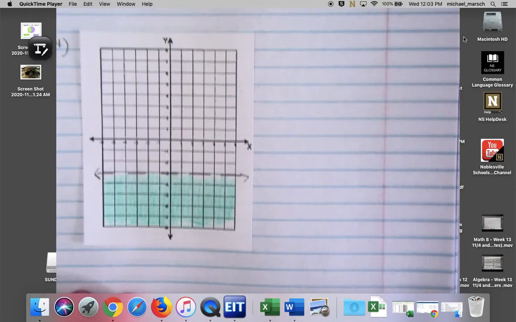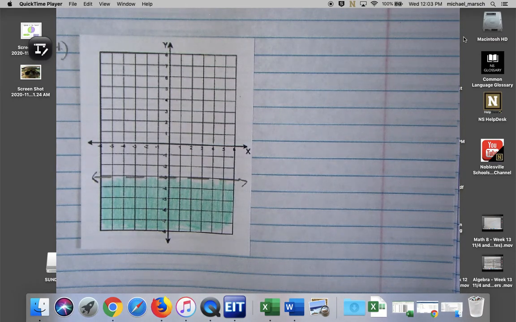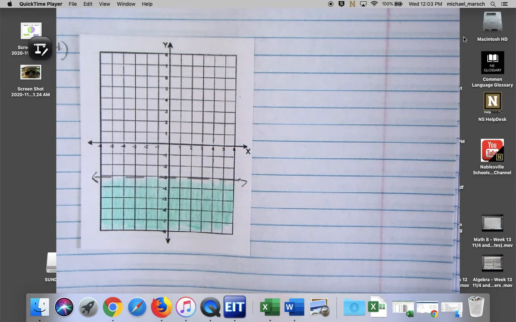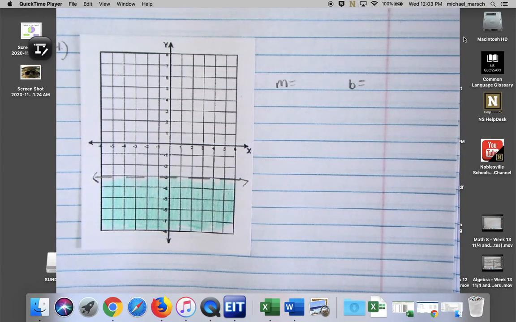Okay. So here's our next graph. So what's my slope of my horizontal line?